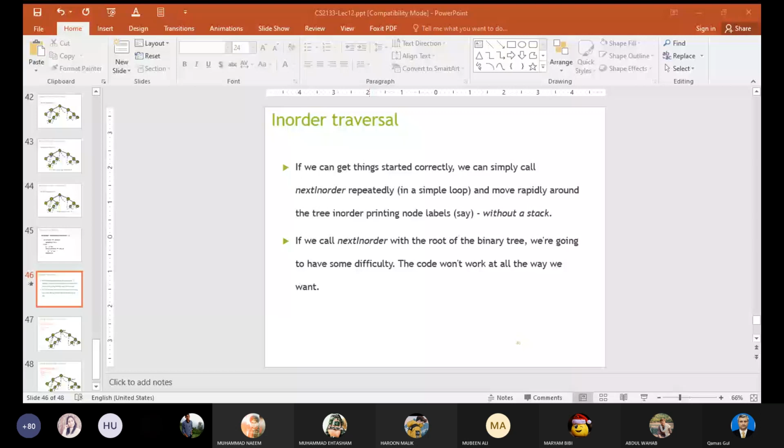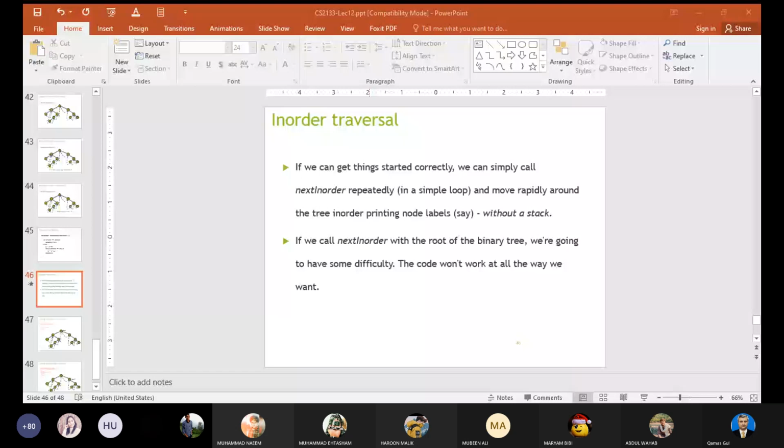If we call next in order with the root of the binary tree, we are going to have some difficulty. The code won't work the way we want. Sorry, there is a situation where this next in order will not work, and that is if we call it with the root of the binary tree.